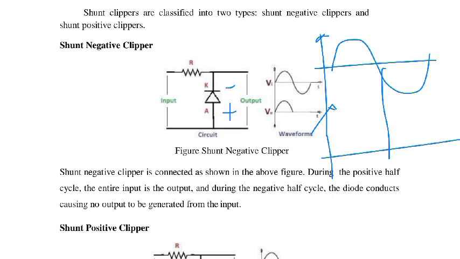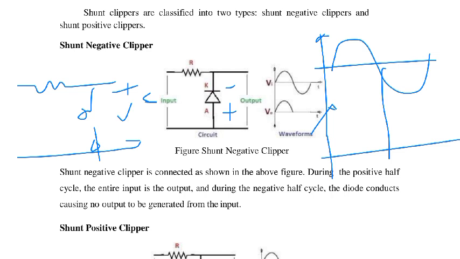Whatever input we are applying, when this diode is off, the circuit behaves like this: input, diode is off, and we are taking the output here. Here is the input Vi. So whatever input we provide during the positive half, the complete input appears at the output. How?